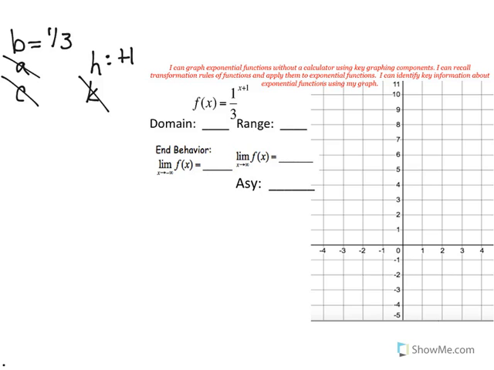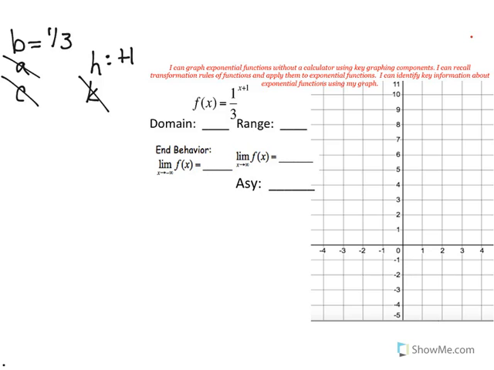I want you to remember that when we talked about transformations at the very beginning, the h term was a little funky. There's a lot of different ways that you can think about it, but what we decided is the easiest thing to remember is that it's backwards.